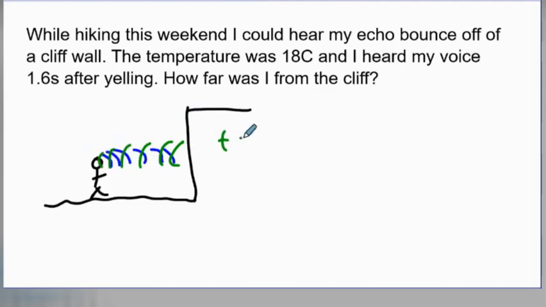And the time I heard it was 1.6 seconds after I did that. Now the temperature, careful: little t for time, big T for temperature. Temperature here was 18 Celsius. So the question I have is, what's the distance from here to here?